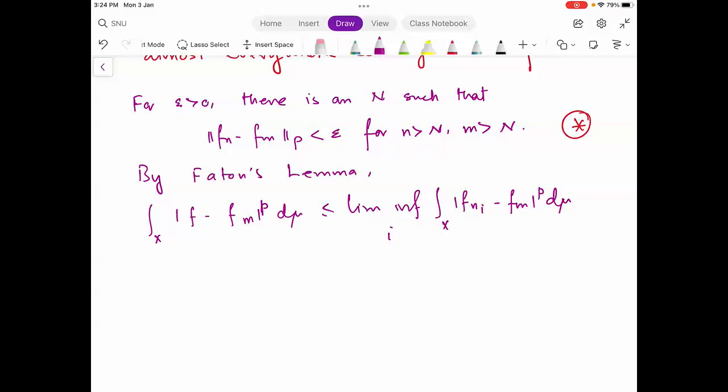So I have replaced f by f_ni, and I'm applying Fatou's lemma, so there is a limit inferior outside the integral. That's all. Now, note that m is bigger than capital N, and I'm taking lim inf over i, so n_i is also large. Sooner or later, it will exceed capital N. So this is, of course, maybe I should write it as the norm.